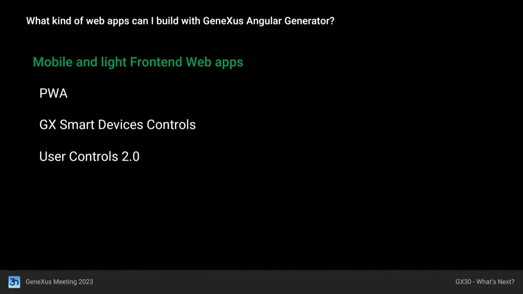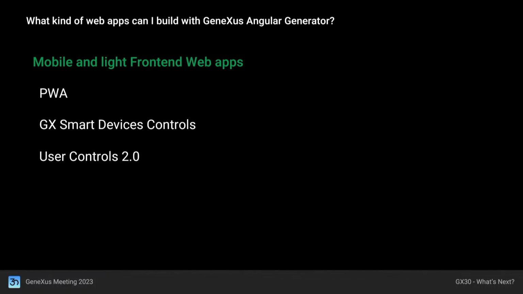So how does this Angular generator fit in this map of types of applications? Well, as I said, for mobile apps that are light, it has PWA, and we've worked hard on that. It implements the type of smart devices controls and so on.